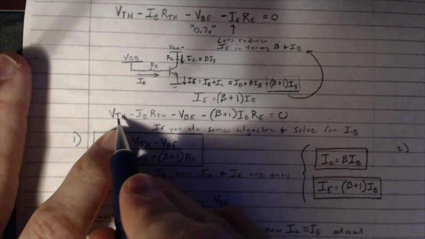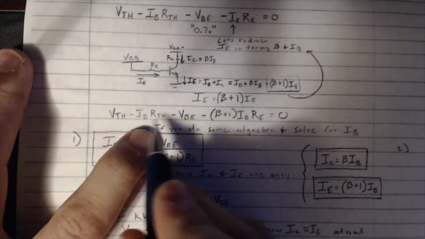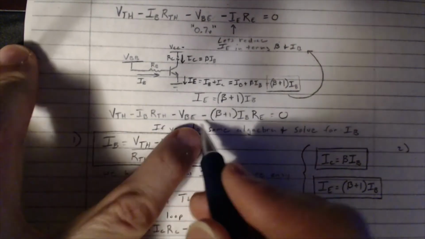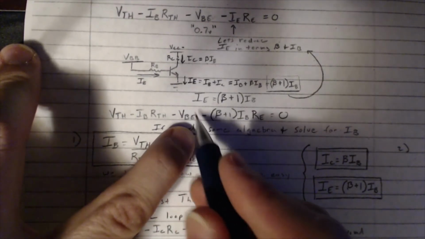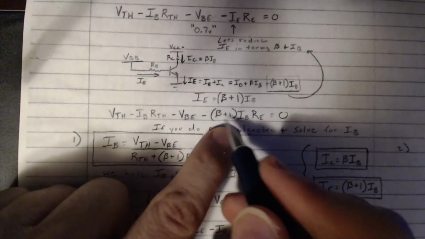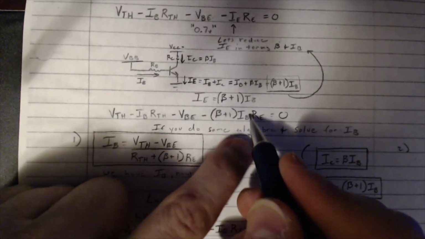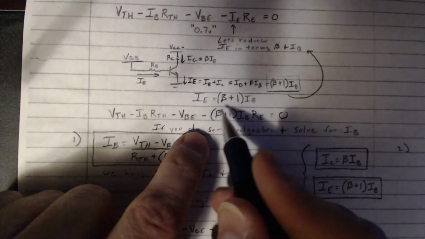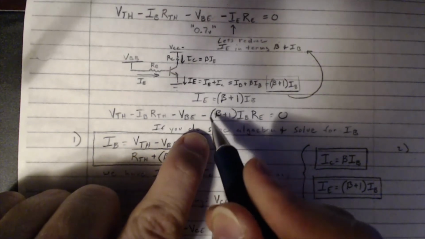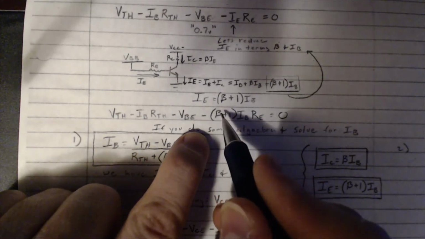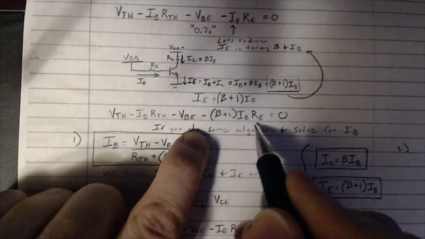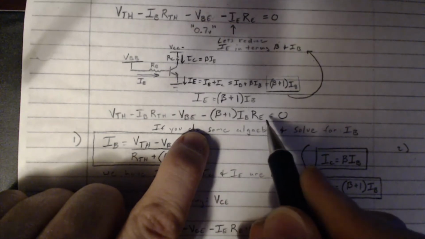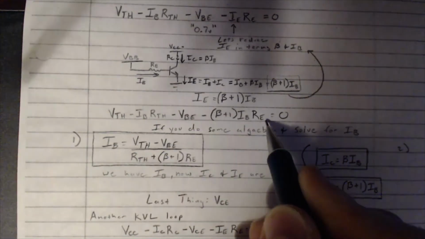The Thevenin voltage minus IB times RTH, that didn't change, minus that 0.7 volts, the voltage between the base and the emitter, that stays the same, minus beta plus 1 times IB. This is now being substituted for the emitter current, and that times the emitter resistance, by Ohm's law, gives us the voltage across the emitter resistance.